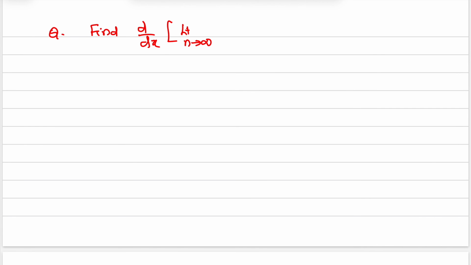Here you just see, x is not tending to infinity, n is tending to infinity. x to the power of n minus a by n square, whole divided by e to the power of x minus b by x square is equal to how much? And after getting the answer, we will be plotting.